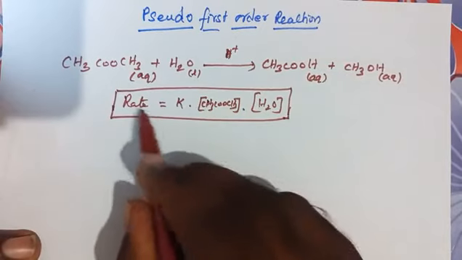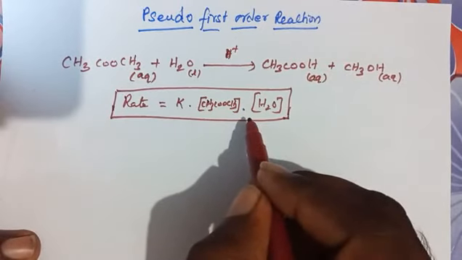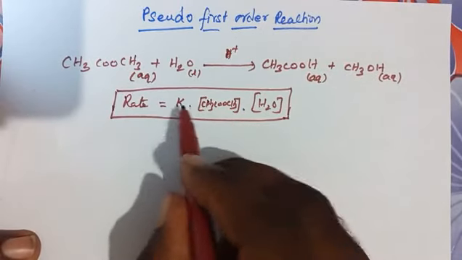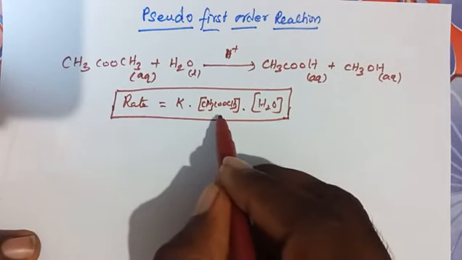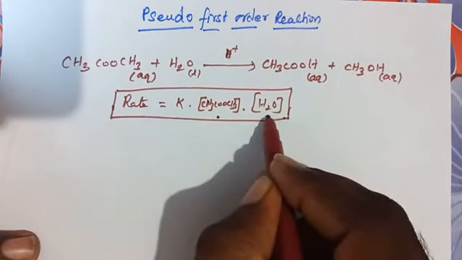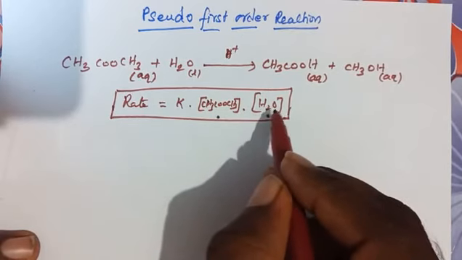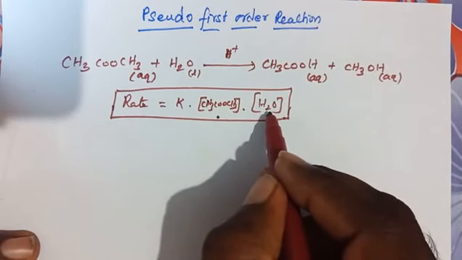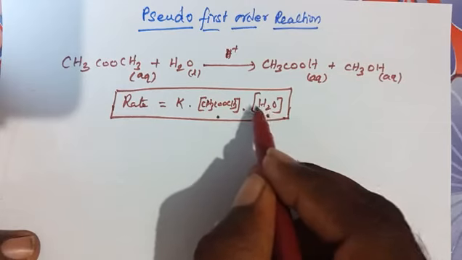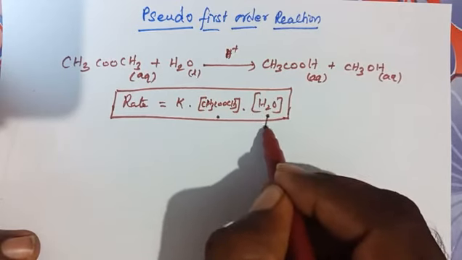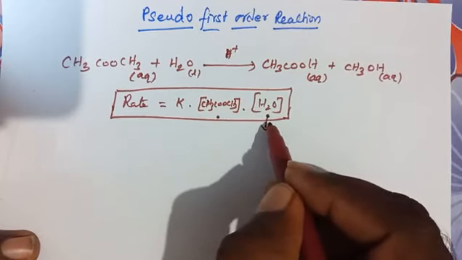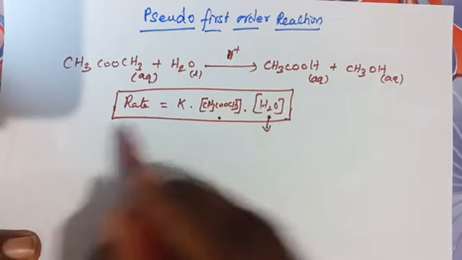Now this reaction follows second order kinetics. That means the rate of the reaction depends upon the concentration of the ester and water. If water is present in large excess in the above reaction, that means we increase the dilution of the reaction, then the water concentration approaches a constant value.